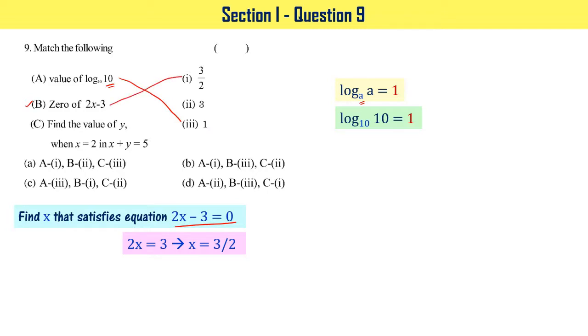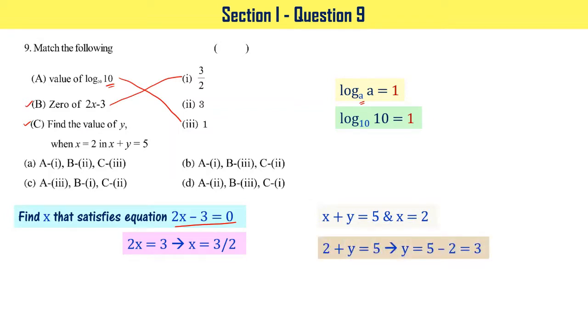Now we have to find the value of y when x equals 2 and x plus y equals 5. You have to substitute x equals 2 into this equation such that you get y equal to 3. So let's connect that. Then we can say that choice C is the answer, right?